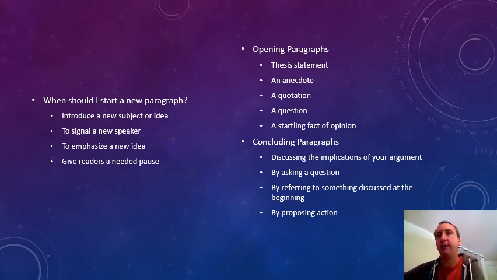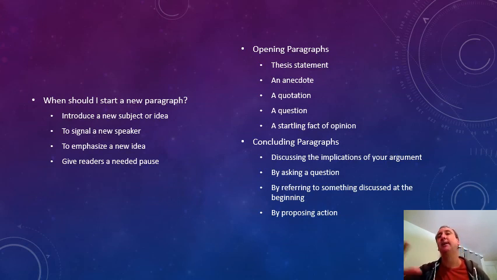Proposing an action may be another way to conclude your final paragraph. So again, you're still going to summarize everything that's gone on in the paper. You're going to have your concluding statement, and instead of leaving an open-ended question or discussing something from previously, you can propose an action on how your argument throughout this whole paper can fix maybe a problem that you brought up, or use whatever you've argued about to address a problem.